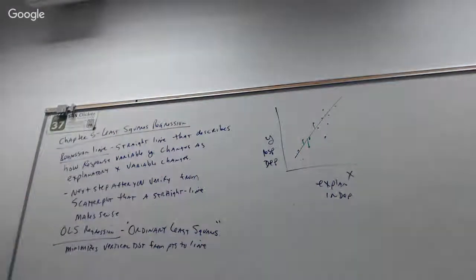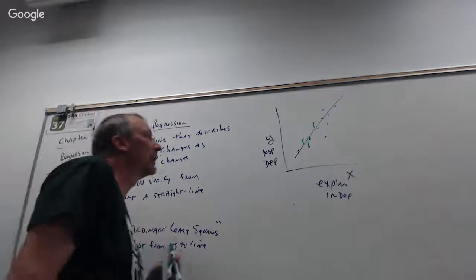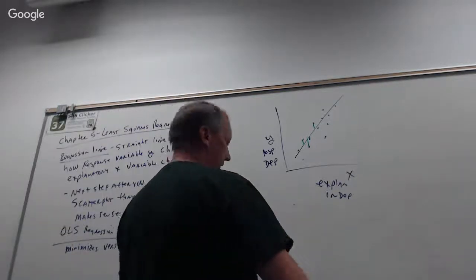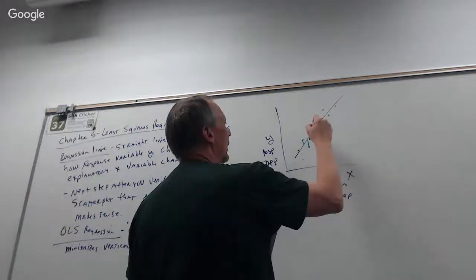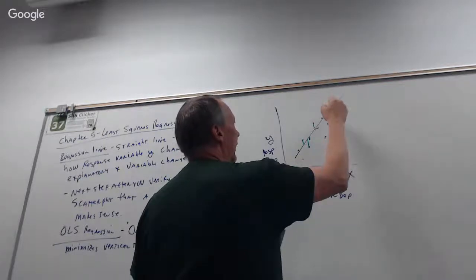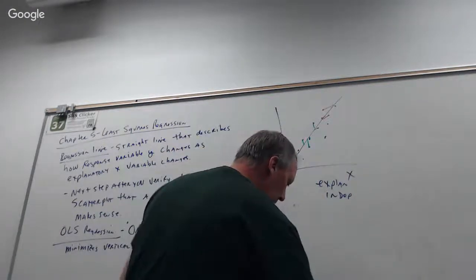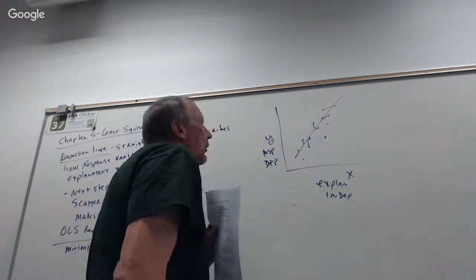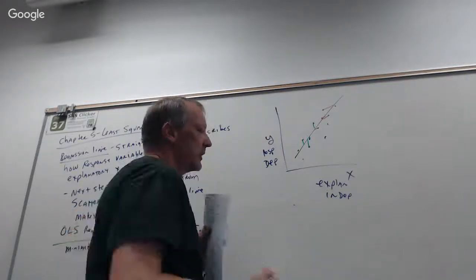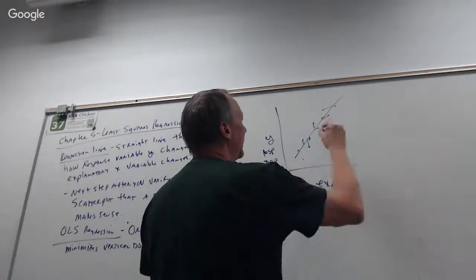Now, there are other ways to measure these distances. I could do the horizontal distance, okay? I could do that distance there. Or I could do what we call the orthogonal distance, or you could think of it as a right angle.